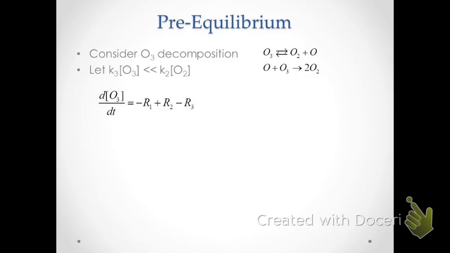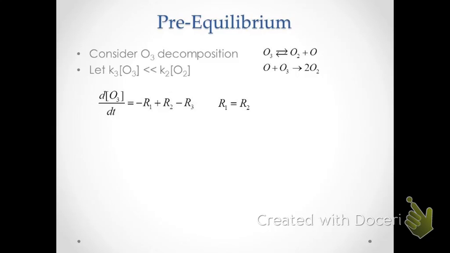So we'll just simply follow the same rules we did before, and again, going back to our discussion of the steady state approximation, remember we used rates rather than writing out the entire expression, at least initially, to help streamline the process. And so here we have the rate of change of ozone, where it's consumed in step 1, so negative R1. It's produced in the reversible step 2, so that's plus R2, and then it's consumed in step 3, where it reacts with the oxygen atom.